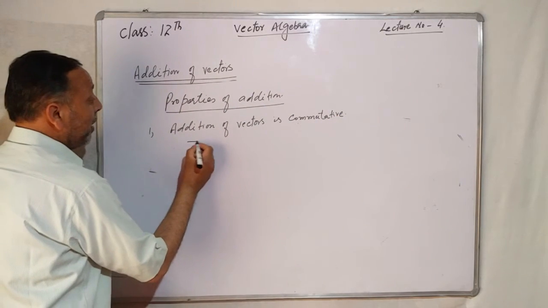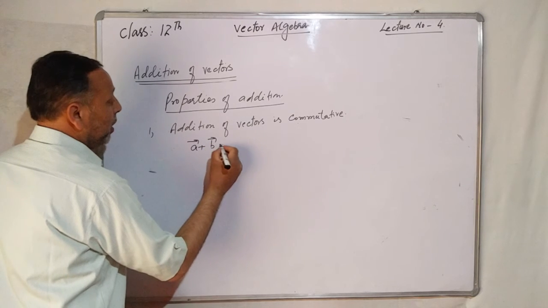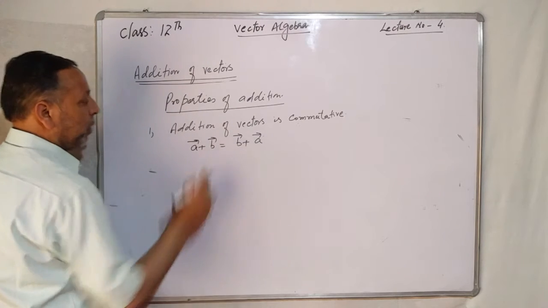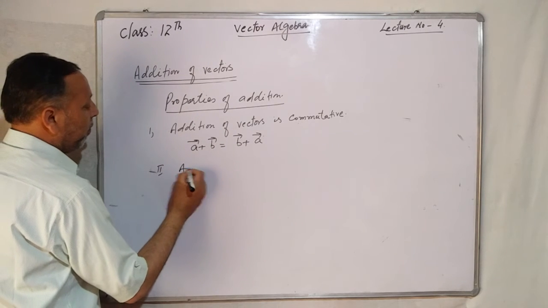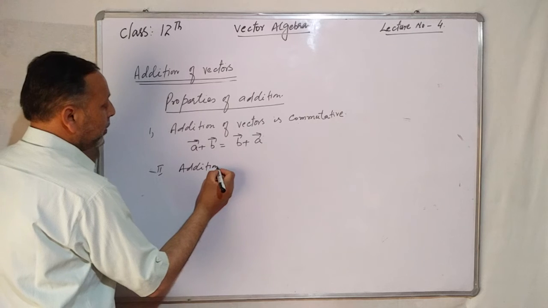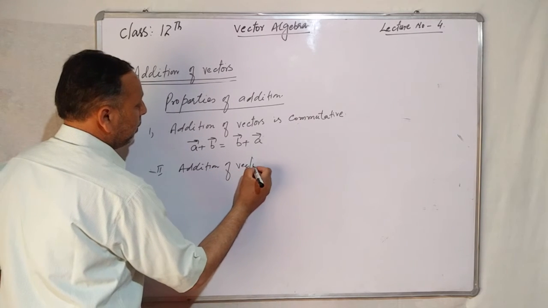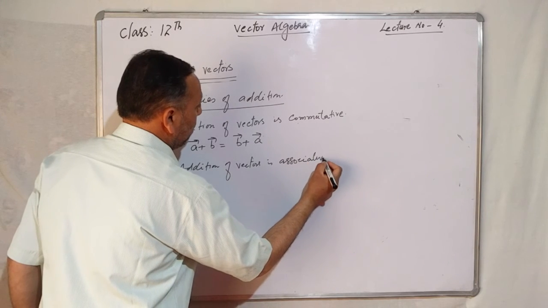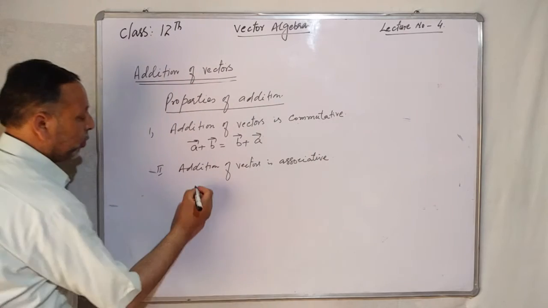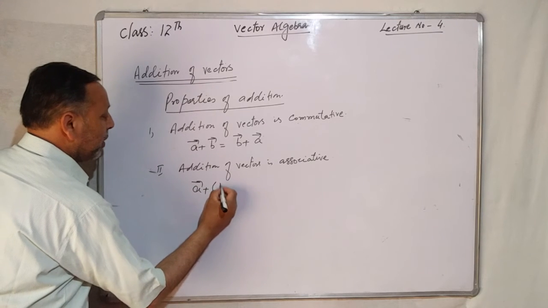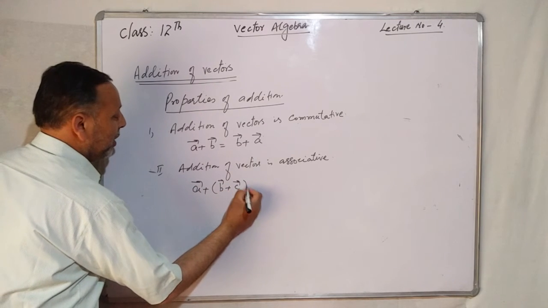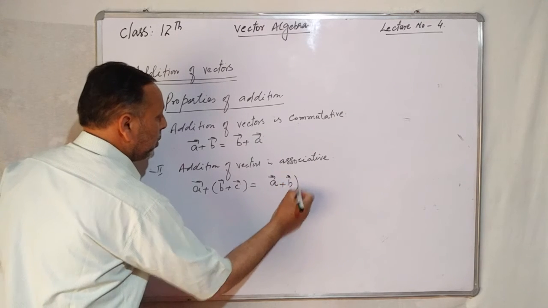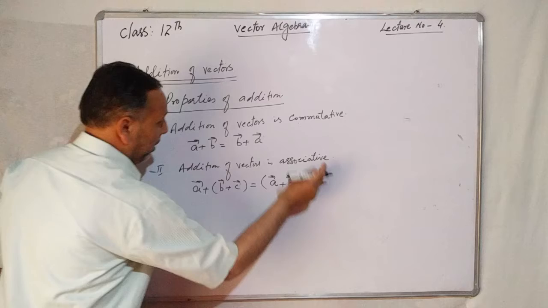That means vector A plus vector B will be equal to vector B plus vector A. Number two, addition of vectors is associative. That means vector A plus vector B plus vector C will be equal to vector A plus vector B plus vector C, associative.